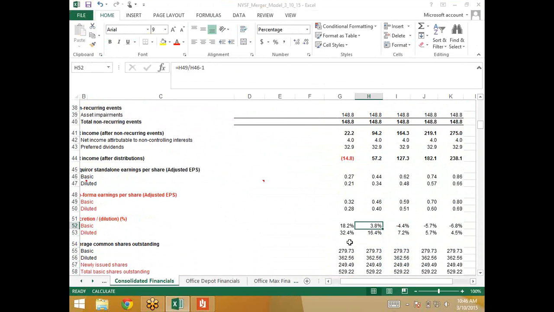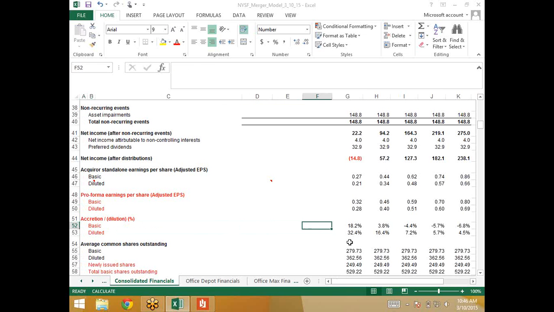Look at that. Almost diluted. A little crazy. That's kind of a weird coincidence. Makes a huge difference. Put some amortization in there, it's going to get even more diluted.